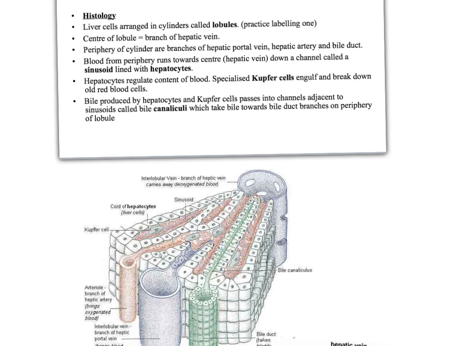Other key words: sinusoid, it's a channel between rows of hepatocytes, and bile canaliculi, which is also a channel which is delineated by two rows of hepatocytes that feeds bile towards the bile duct. Other key words: Kupffer cells here, these structures here, these phagocytic cells which engulf damaged red blood cells.